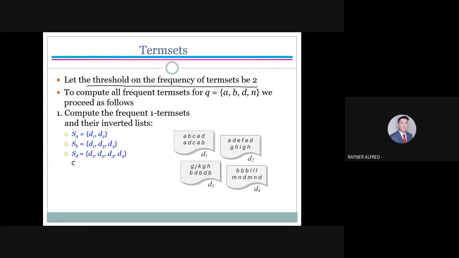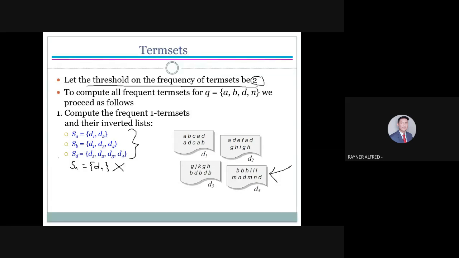By right, you should have Sn here, but we only have that one in document 4. Since the threshold is 2, we only take those with 2 or more. That means A, B, D exist in 2 or more documents. But we don't consider this one because it only exists once here.